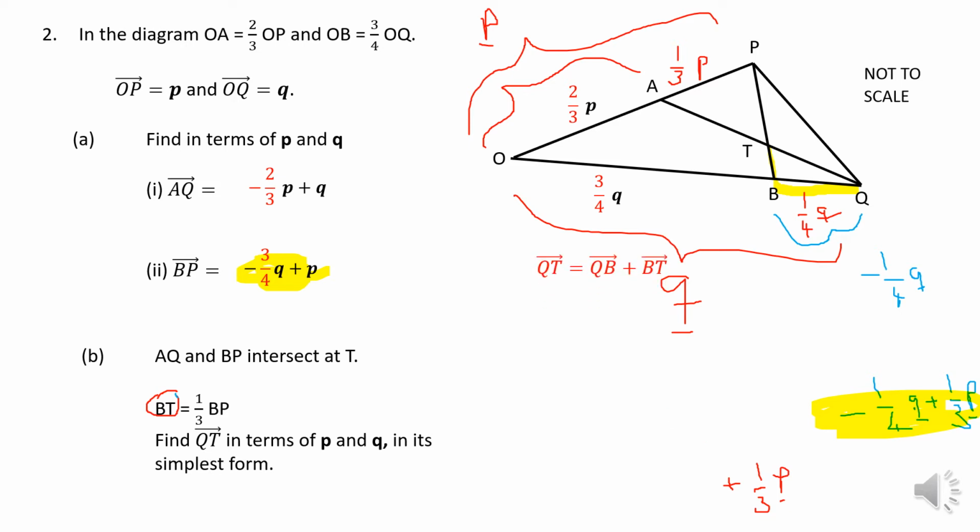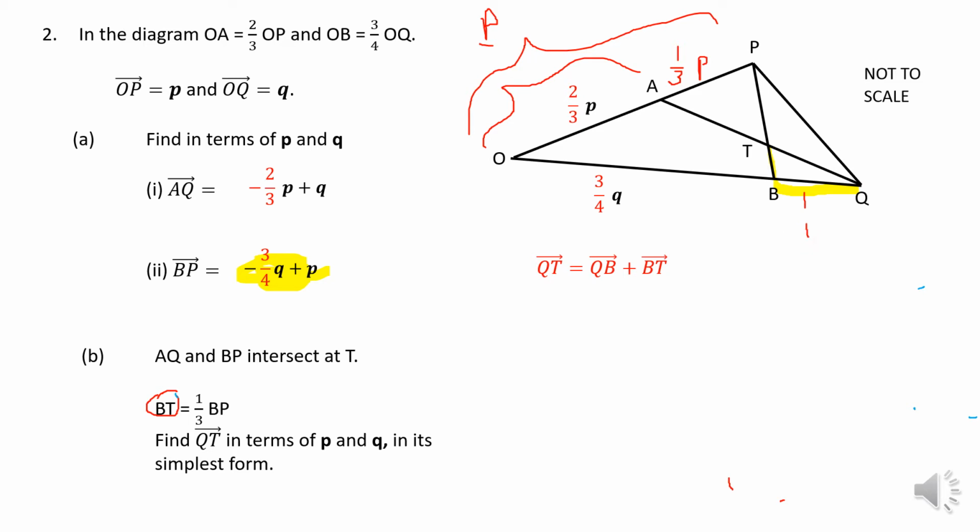So the first thing I did here is I said, what is QT actually equal to? QT, as I was saying, was giving you the distance from Q to B plus that little bit of BT. Then obviously I will write them in, and then I will clean this up. So now I have that negative 1/4 Q, which is this particular distance here, plus a third of that.